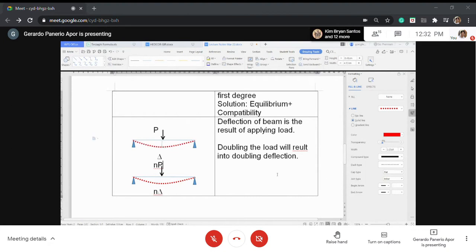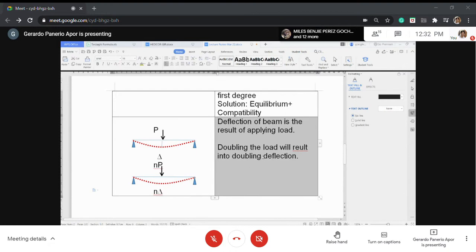So there should be deflection. Any material should have deflection, but in actual, that deflection is just very small. For the purpose of analysis, we make it somewhat obvious, so that we can analyze later with a bigger figure.